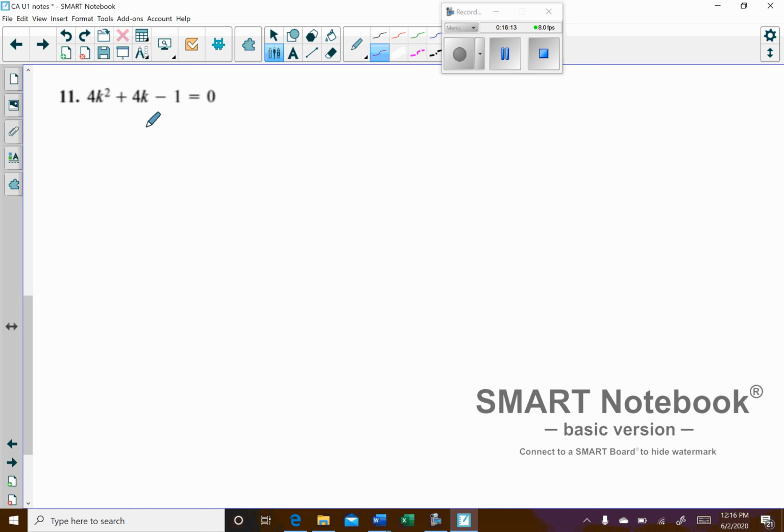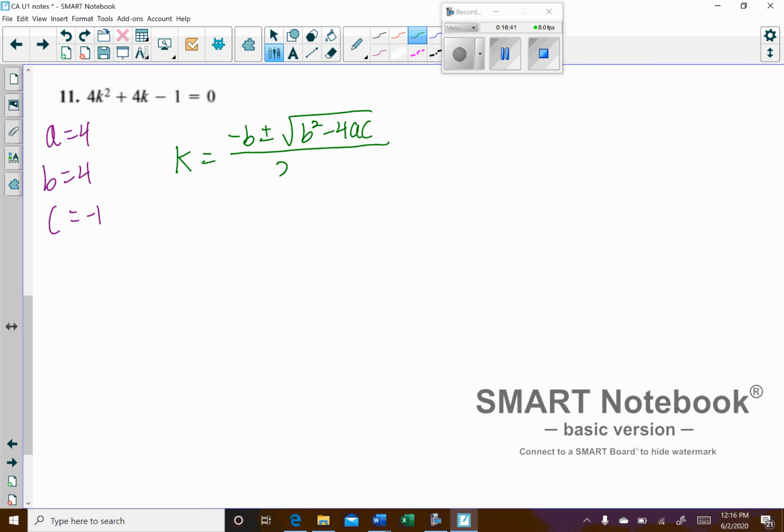All right, so it's already in standard form. So let's see, our A value is going to be 4, our B value is also 4, and our C value is going to be -1. So if you accidentally put x equals, it's fine, but technically I guess we're supposed to put k equals, and it's going to be -B plus or minus the square root of B squared minus 4AC, all divided by 2 times A. All right, so we'll start plugging in our values.